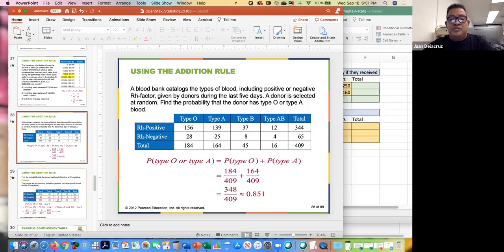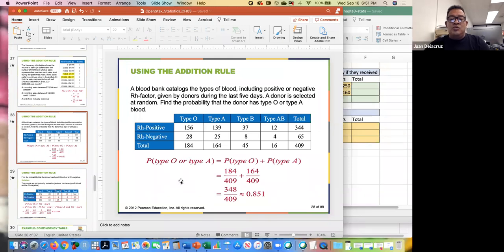That is important because we know that blood type is something very delicate. Somebody is seeking a transfusion, suddenly he's type A and you give type O, the person is going to die, right? So that's very important.